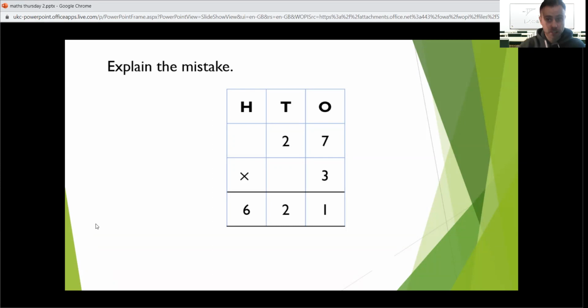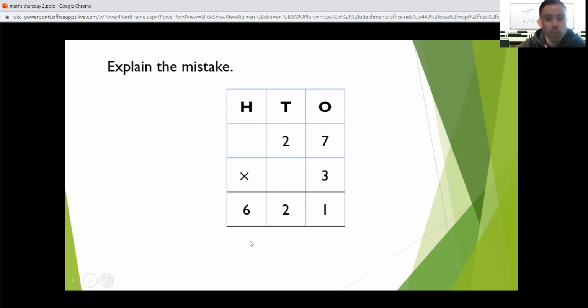Now, on this example, they put 621, which was obviously wrong. What they've done, and it looks like this might have started off right, because they've done 7 times 3 and put 21, fair enough. But then for 20 times 3, they put a 6 there. So what they should have done is they should have written 60 underneath here and then added their two answers together to get their final total, their final answer.